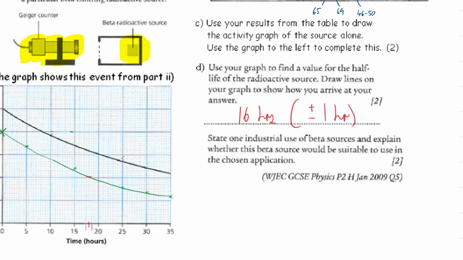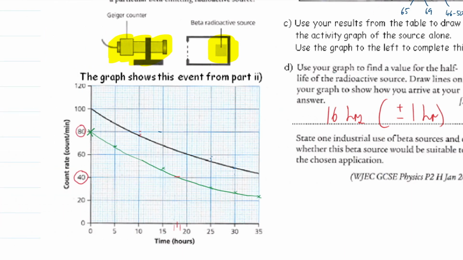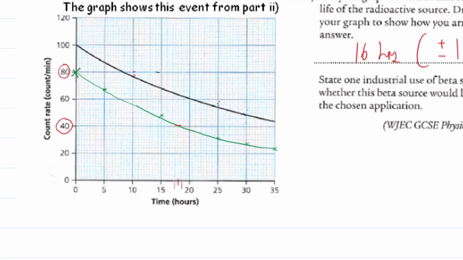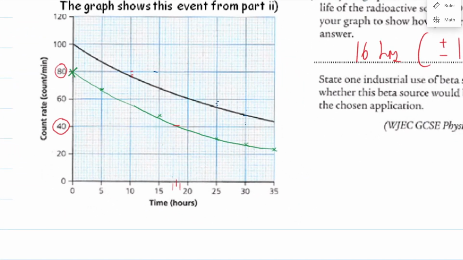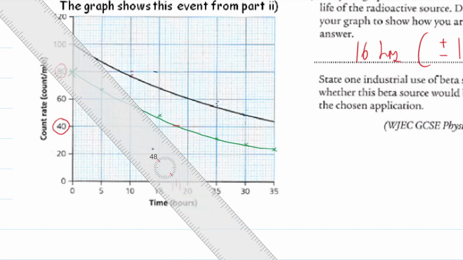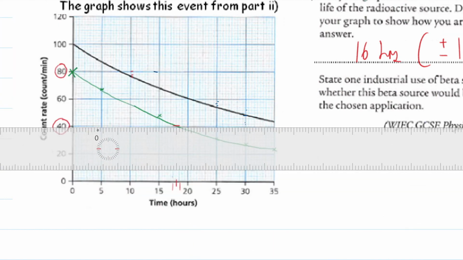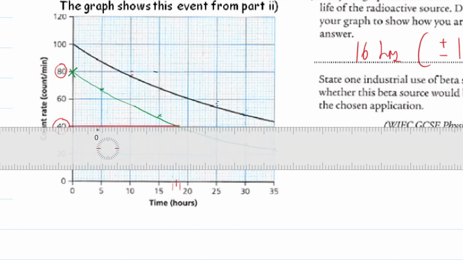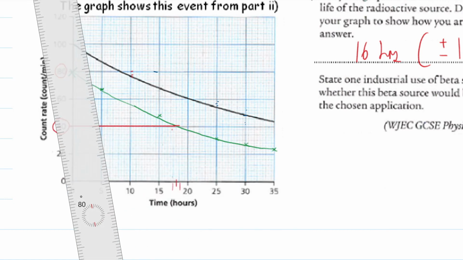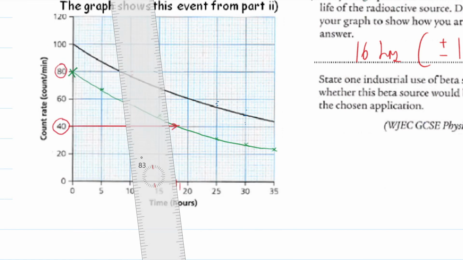So if you put 15, 16 or 17, you'll get the marks. But it does say draw lines on your graph, so to get that second mark, that's what I should be doing then. So I should be drawing in these extrapolation lines on the graph. My first one would be there. Across from 40, and then we go down from 40.